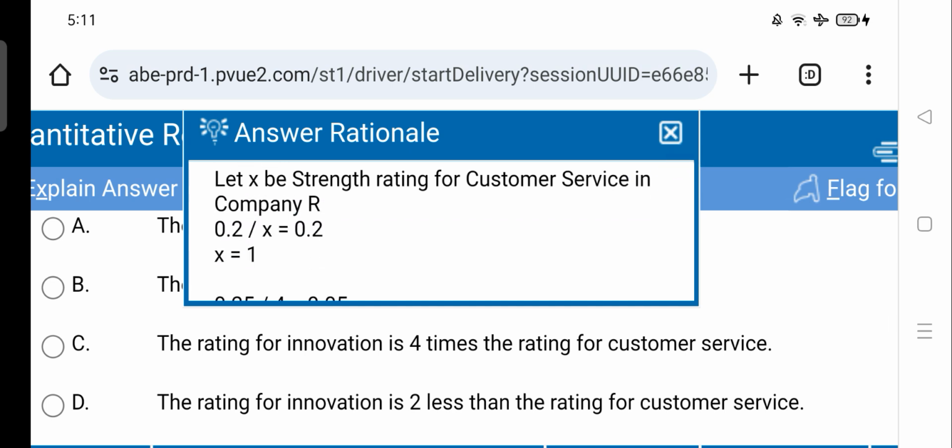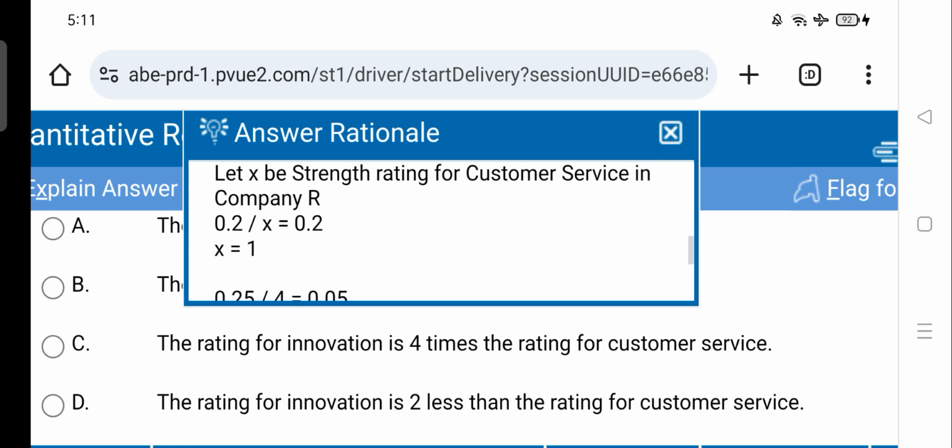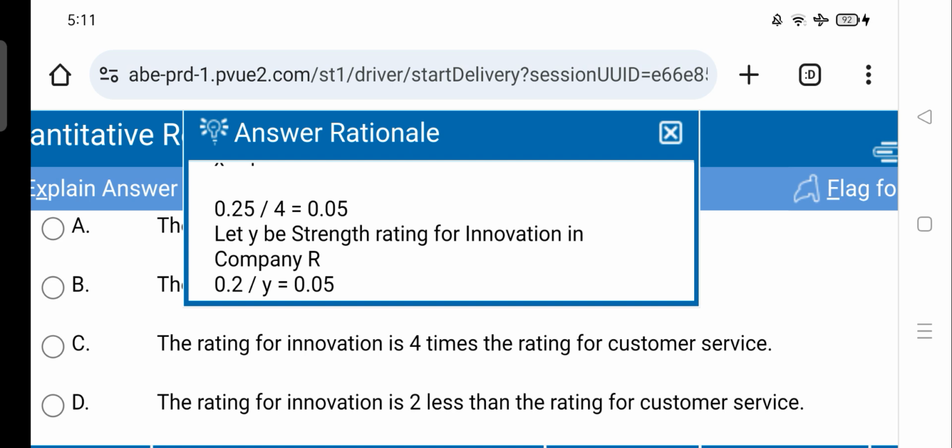So let X be the strength rating for customer service in company R. 0.2 divided by X equals 0.2, which is X equals 1. So 0.25 divided by Y equals 0.05.